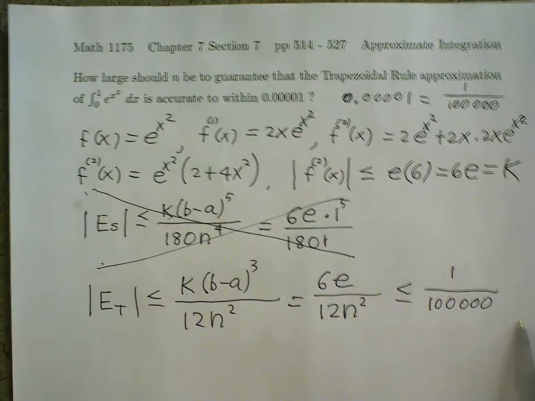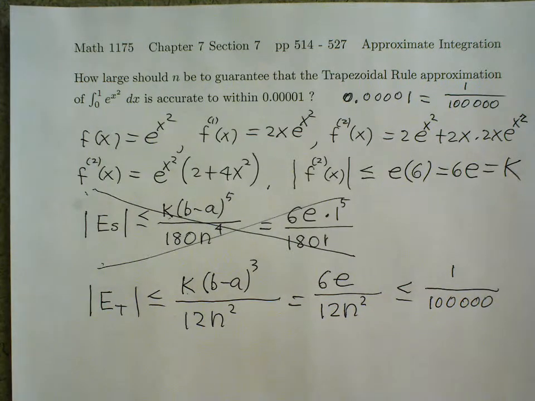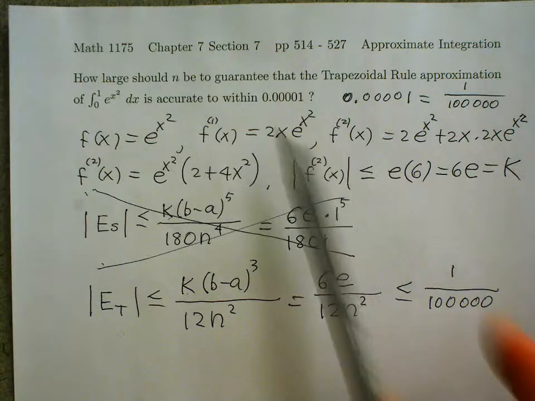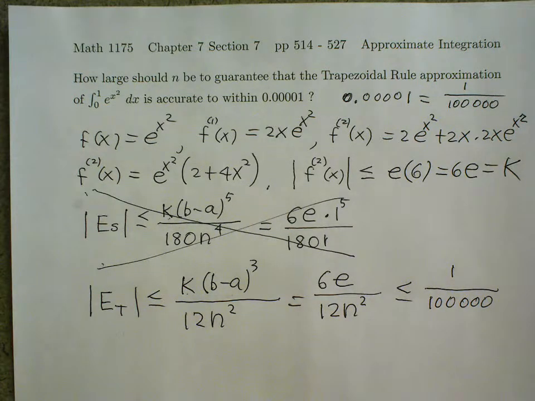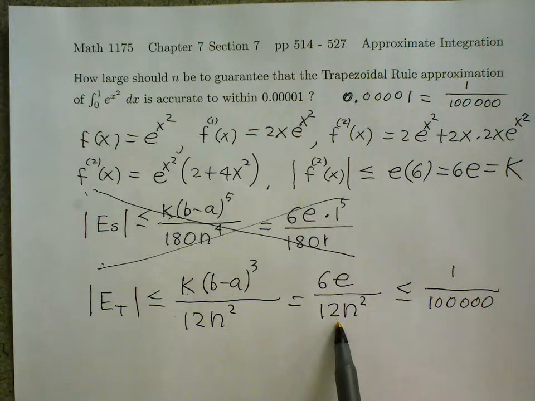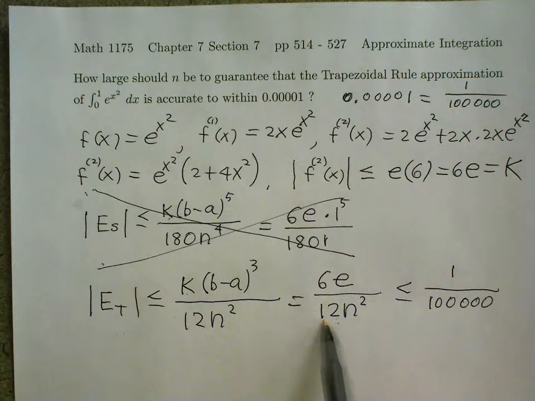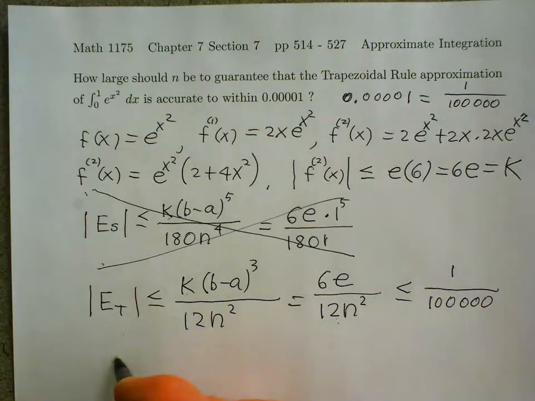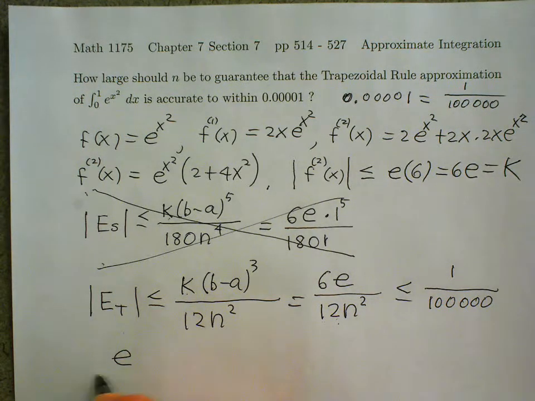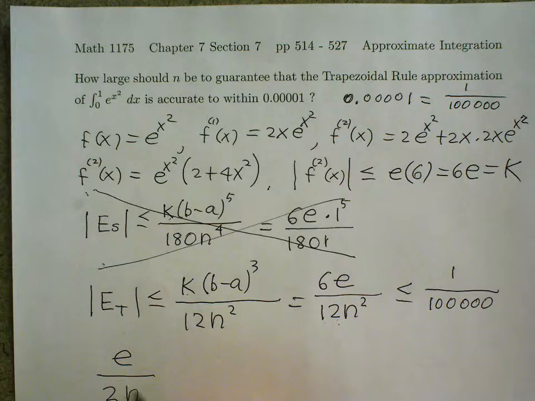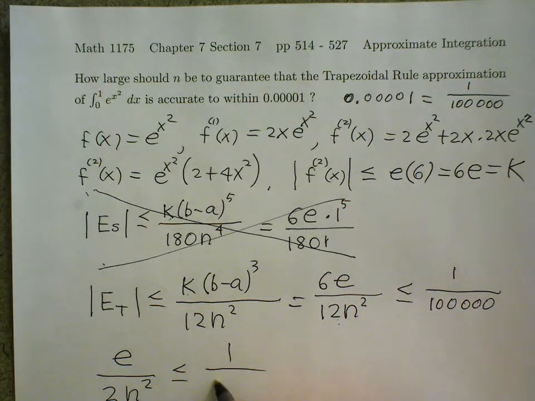And then we solve this inequality for n, and that will determine how large n has to be in order to get an approximation that's within 1/100,000th. We can simplify the left-hand side a little bit. 6 divided by 12 is 2. So we get e over 2n to the second is less than or equal to 1 over 100,000.